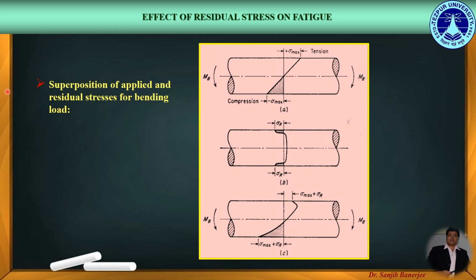However, some improvement in the fatigue performance of axial loaded fatigue specimens results from the surface compressive residual stresses, presumably because the surface is such a potential source of weakness. So, this is all about the significance and effect of the residual stresses on fatigue strength.